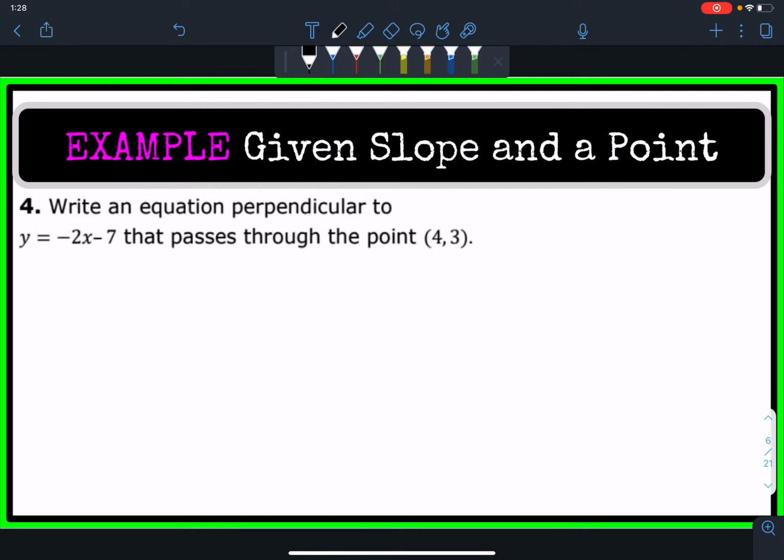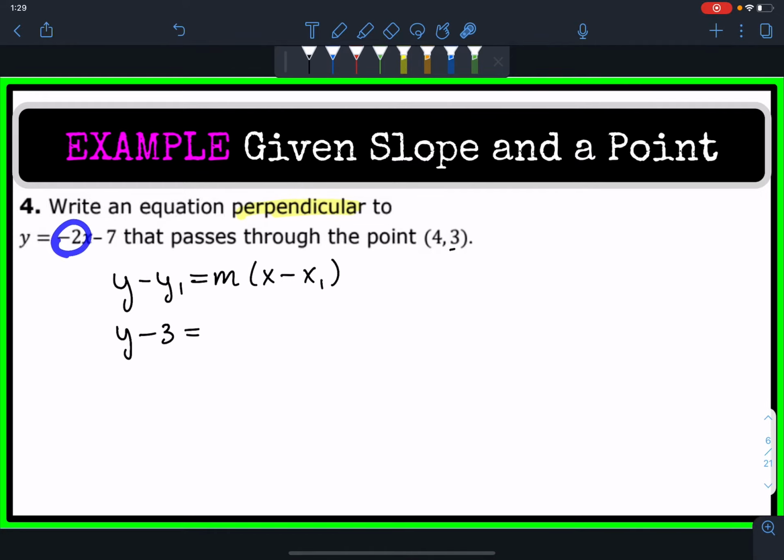Number 4, a little bit more of the same stuff. So I'm going to go through this example real quickly. We're going to replace the y with 3. So y minus 3 is equal to m, which has to be perpendicular. Since this slope is negative, to be perpendicular it would have to be the opposite, which is positive, and the number has to be flipped.